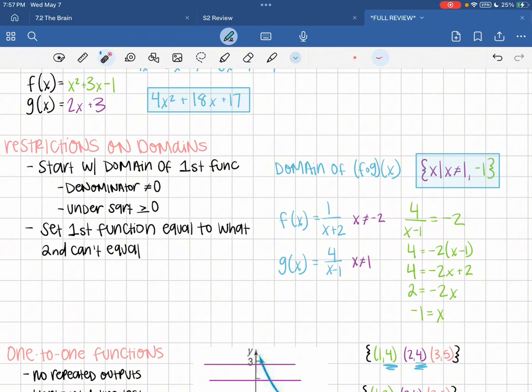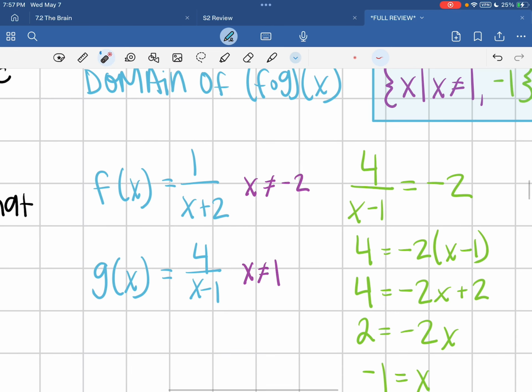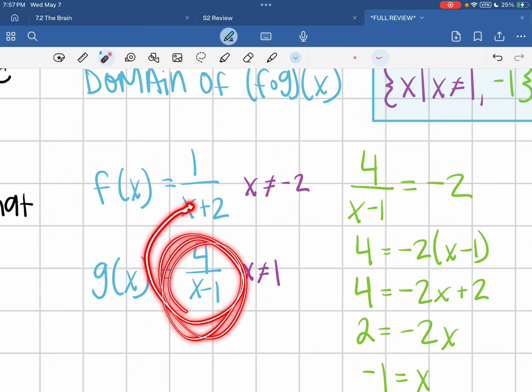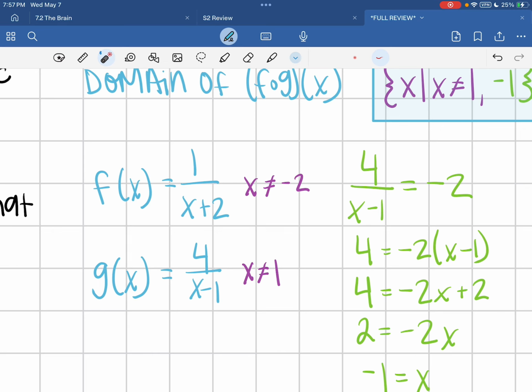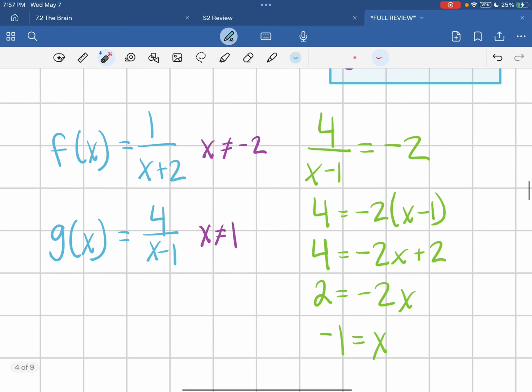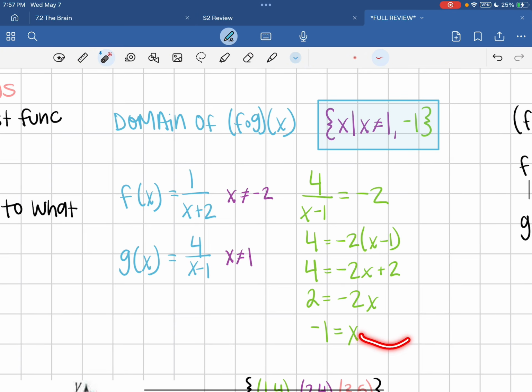And then you have to think about what the second function can't equal. So this f of x can't equal -2, but the only way you'd get a -2 here is if this whole equation equaled -2. And that's why over here I have 4 over x minus 1 equals -2. Simplify that and you get x equals -1. And that goes into the domain.